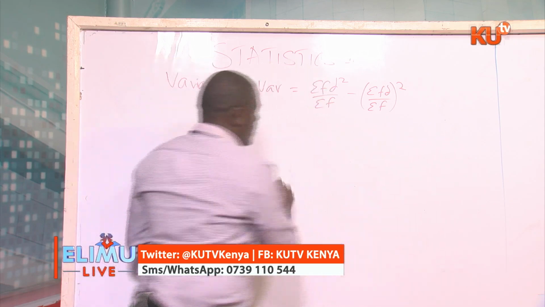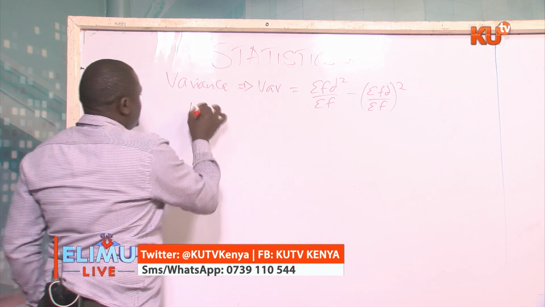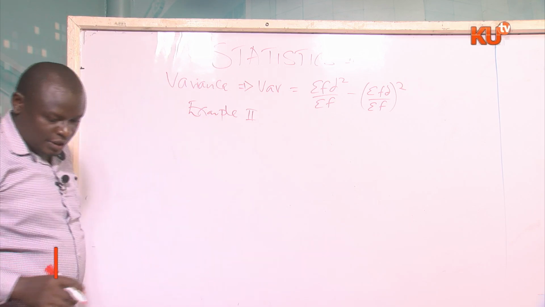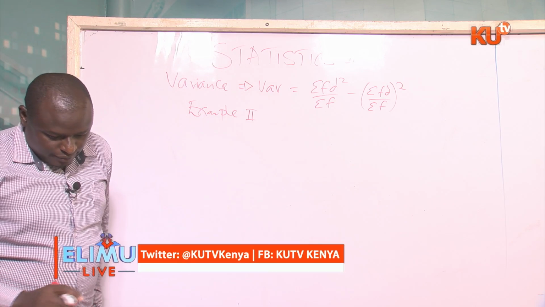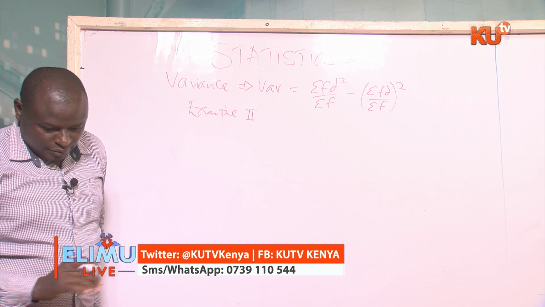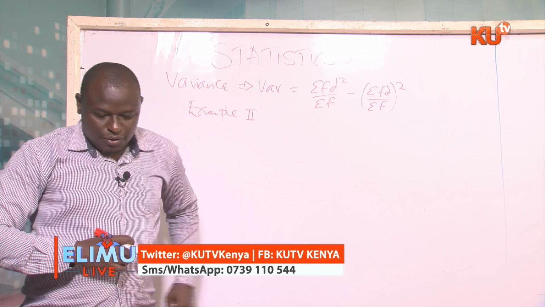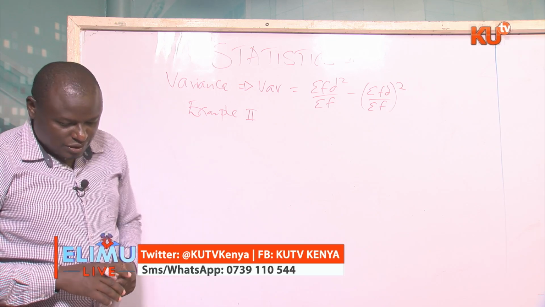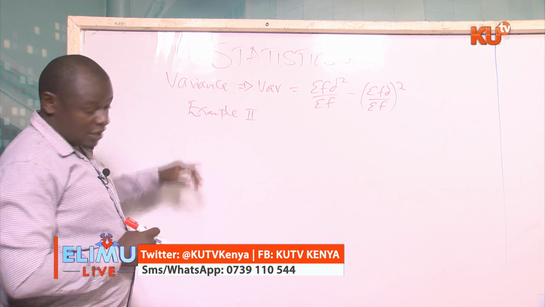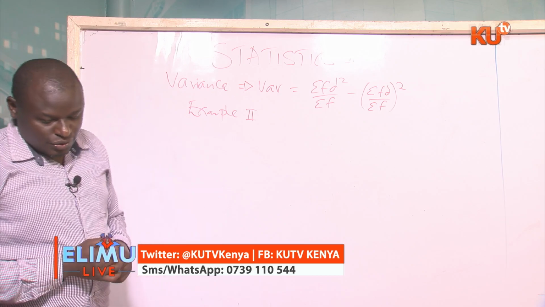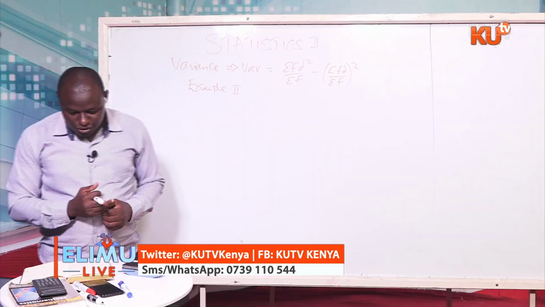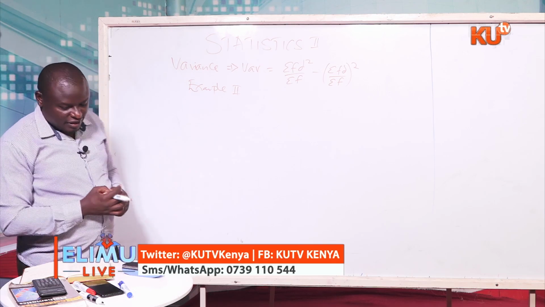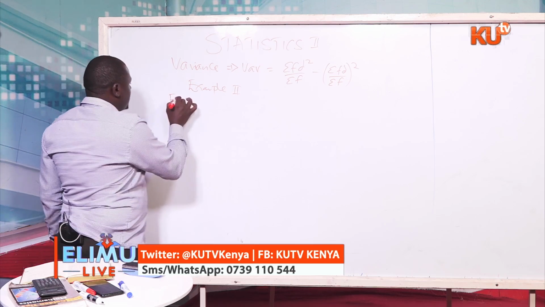I want us to consider example 2. We can read: the following table shows the end of term mathematics results in Form 3 PCT.